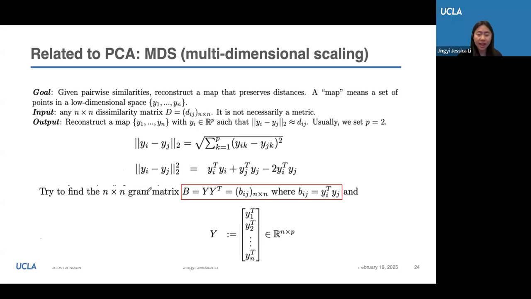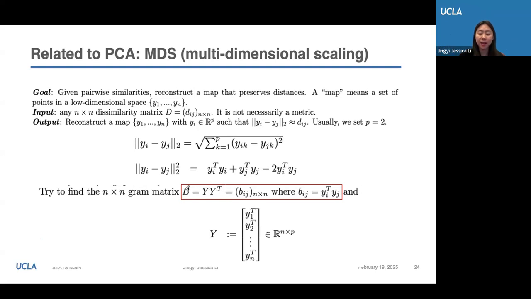All right. So then our question is, this is called the gram matrix B. B is defined as y times y transpose. I'll quickly say that here y is stacking the yi's by row. So it's an m by 2 matrix, so p equals 2, two-dimensional. So y is just a data matrix, and y times y transpose is an m by n matrix.